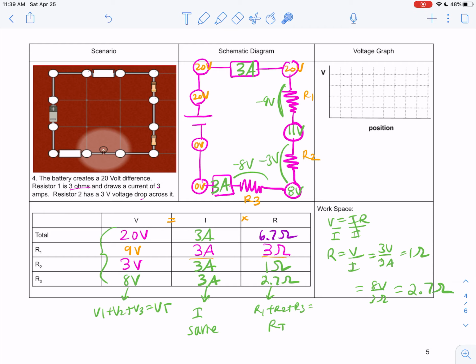Everything checks out. Last thing I want to do is my diagram. So I'm going to have A, B around the battery, C, D around this resistor, E, F around this resistor, G, H around this resistor. So A, B, C, D, E, F, G, H, and then back to A. And I have to get to 20, so I think I'm just going to go by 5s.